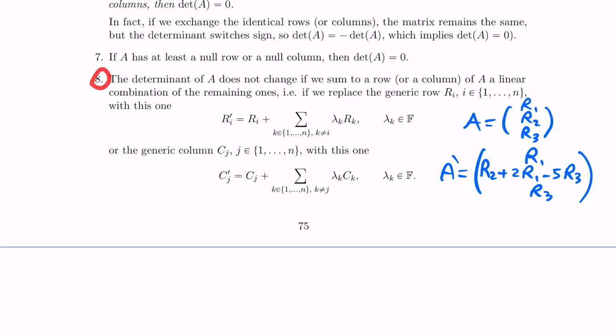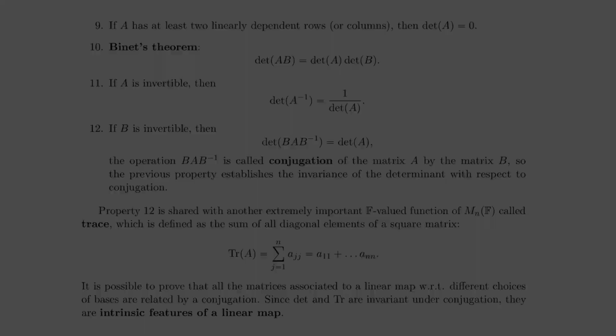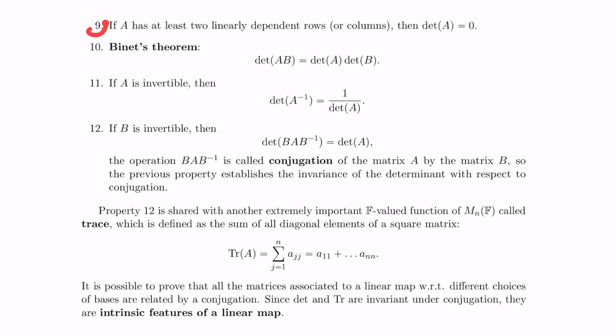Then this property says that the determinant of the original matrix and this novel one are exactly the same. As I told you, we will use this property many times during chapter 3. I explained in detail what this property means for rows, but as you can see here, this property holds also for columns. Let's continue with the final properties.